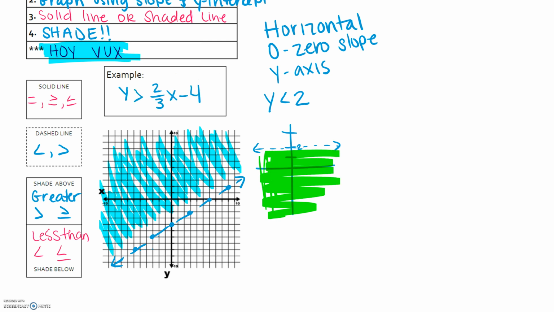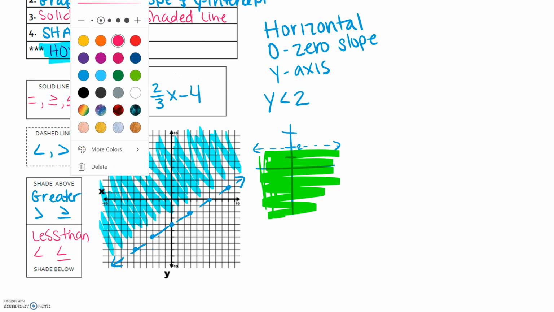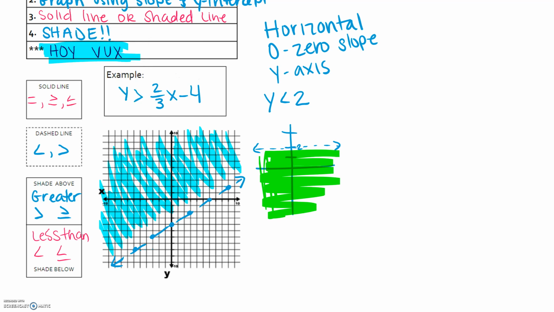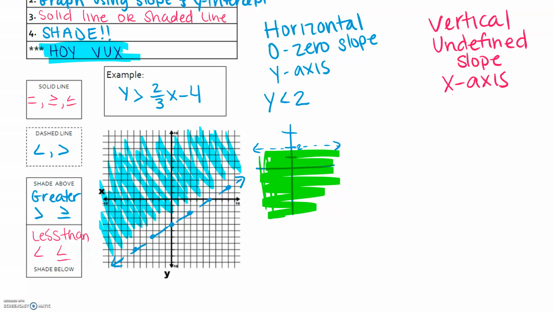Now, on the other end of the spectrum, if I had a vertical line, that means I have an undefined slope, and it is on the x-axis. For example, if I had x is greater than or equal to -3, let's draw my coordinate plane, and I would go on the x-axis.